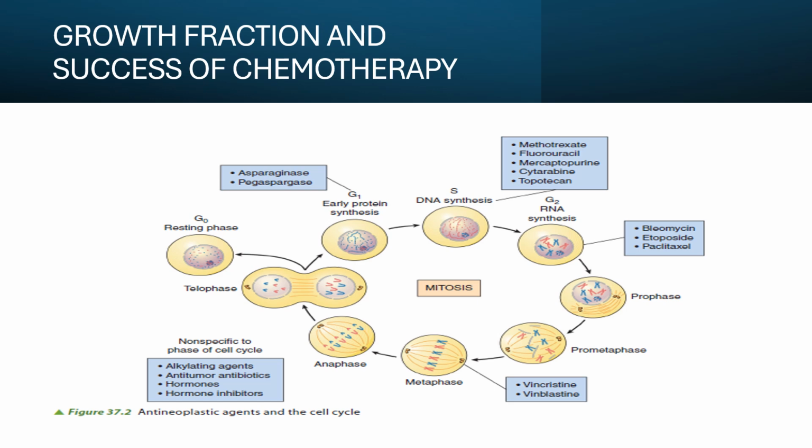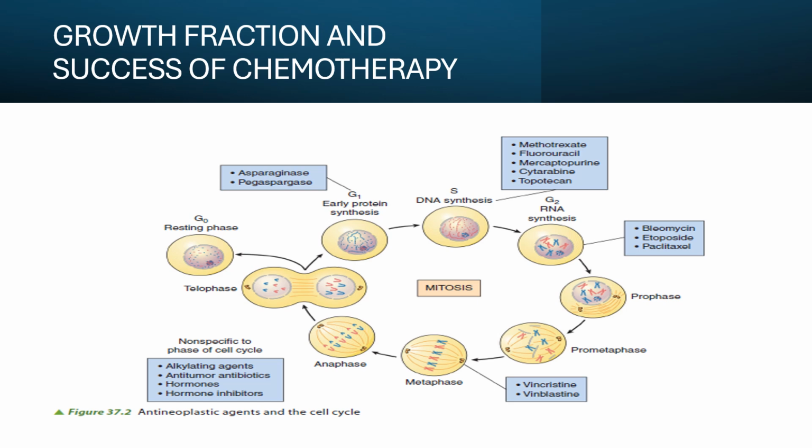Following duplication of its DNA, the cell enters the pre-mitotic phase, or G2. Following mitosis in the M phase, the cell re-enters its resting G0 phase, where it may remain for extended periods depending on the specific tissue and surrounding cellular signals.